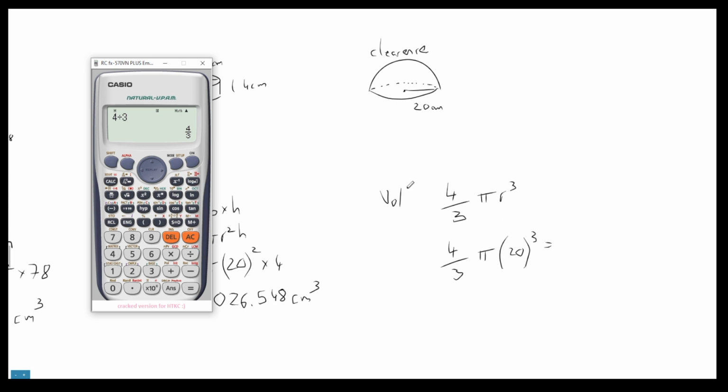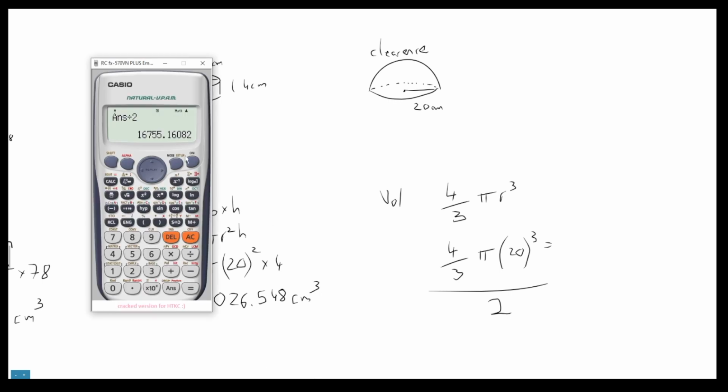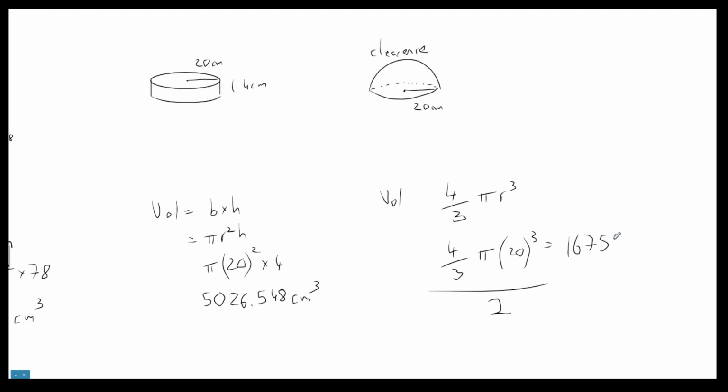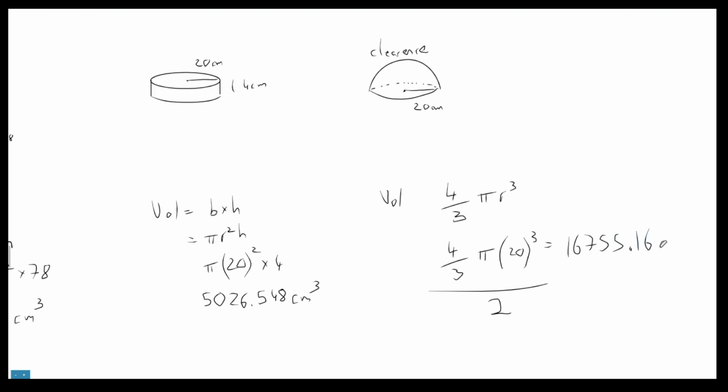I almost forgot, it's only half a sphere, so I have to cut it in half at the end. I'm going to divide the whole thing by 2 because I only want half a sphere. That gives 16,755.16 centimeters cubed.